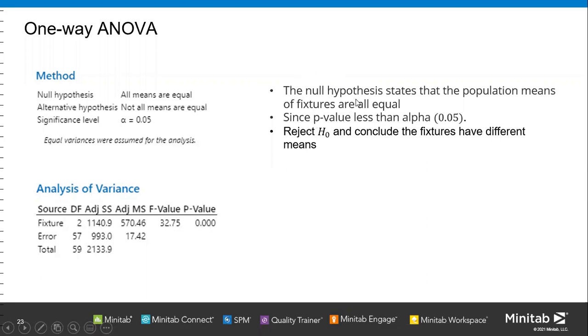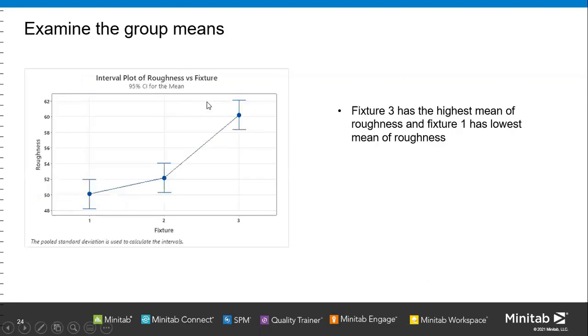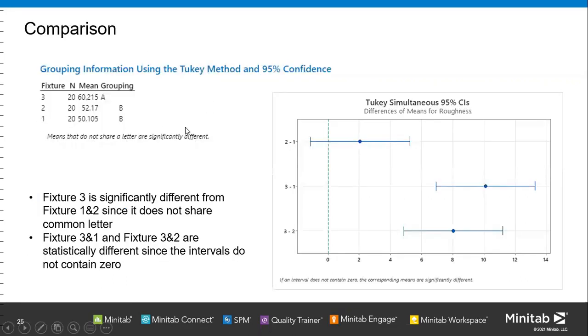Okay, and then we recheck, and then we could have different means. So which one has different means? You need to go for the comparison. So for this case, I choose the Tukey method. In this case, feature 3 is significantly different from feature 1 and 2 since it does not share any common letter.